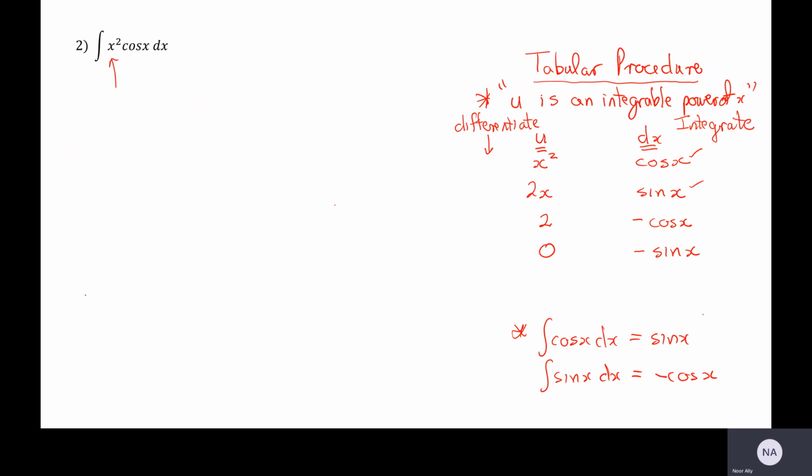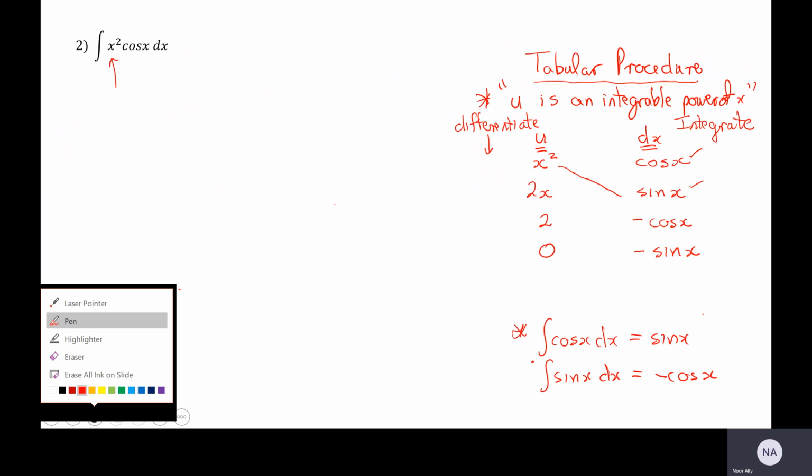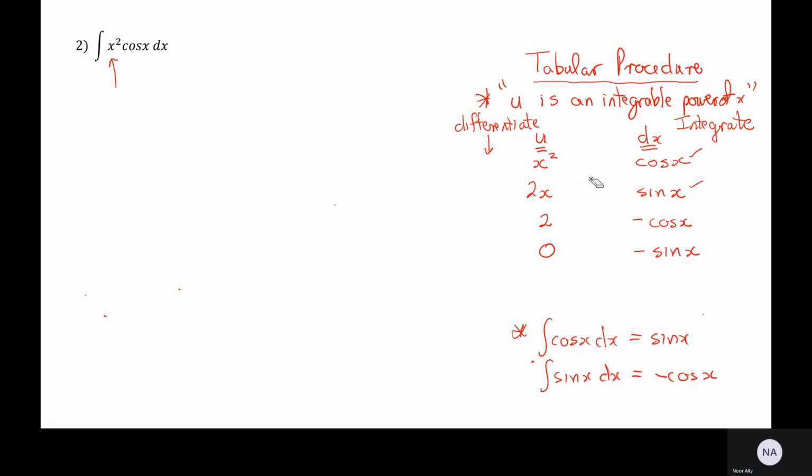Now, we connect diagonally across from the first function of u to the lower integral on the right hand side. In other words, we connect this way, x squared to sine of x. So here you connect sine of x diagonally, 2x to minus cos and 2 to minus sine.